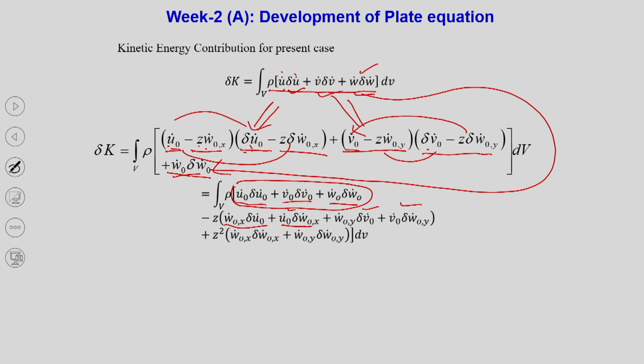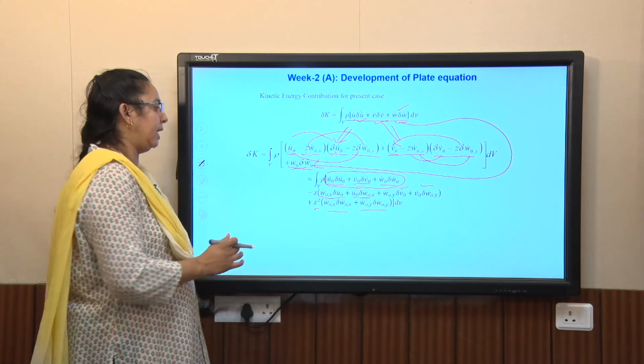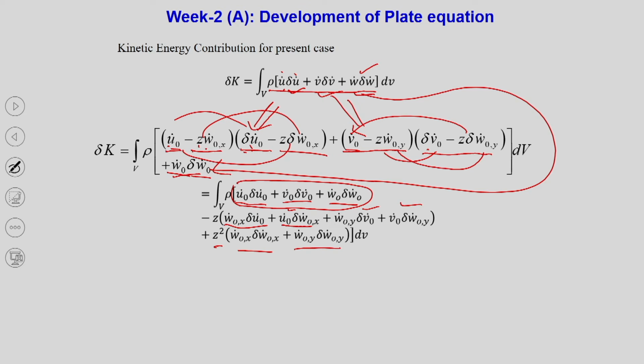Then z square, z and z. So, it will be plus only one contribution and one contribution. So, now you have 3 terms inside the constant case, 1, 2, 3, 4 terms inside z and 2 terms as the coefficient of z square.